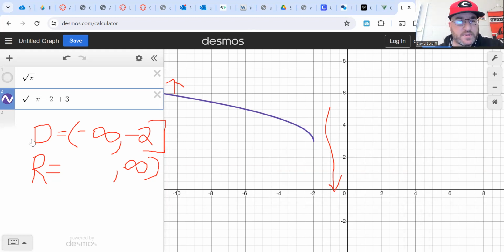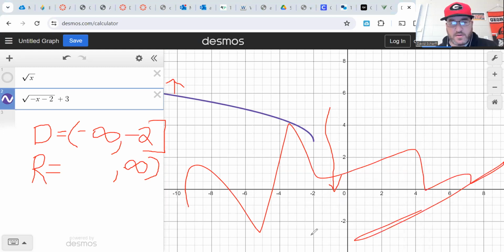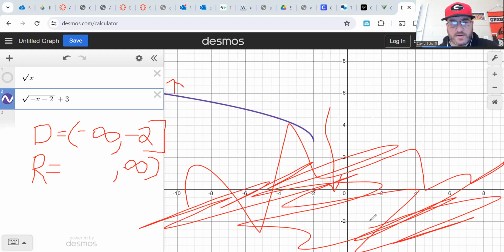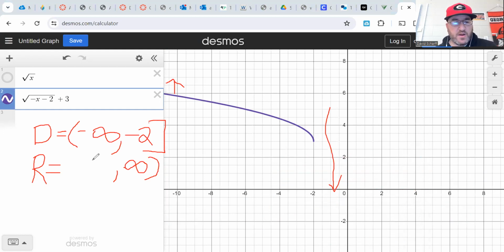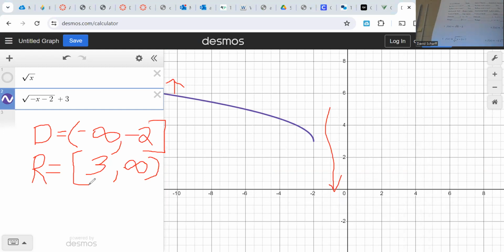There's no part of my purple line anywhere down here. I know it went up a little bit, but y'all get the point. So 3 is the lowest y value that I have. So I'm going to put 3. And again, it's going to be a bracket. And if you look at your domain and range on number 1, you will see it's exactly what I wrote.